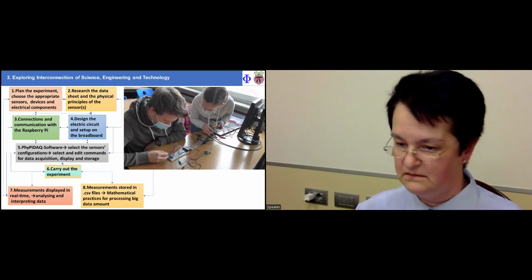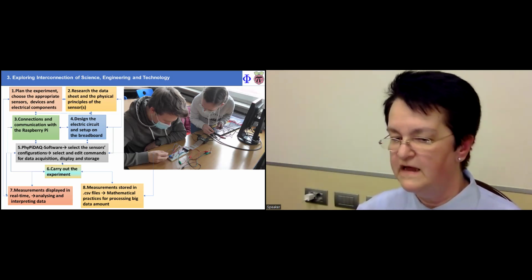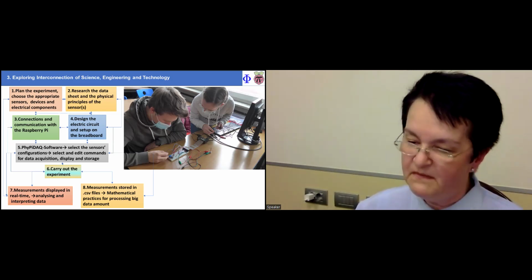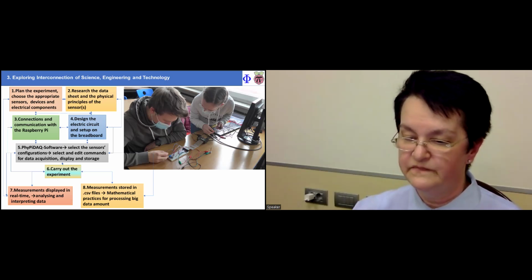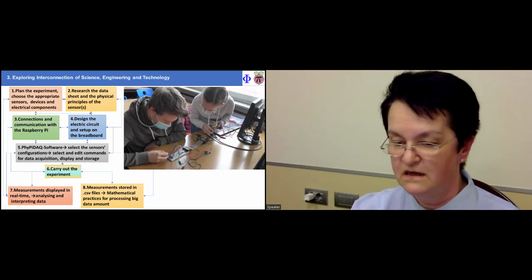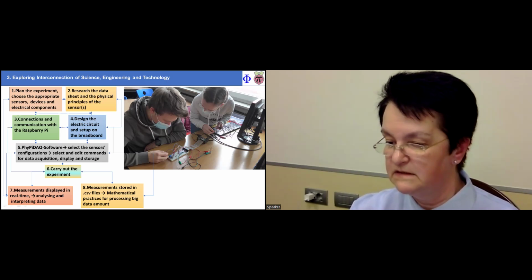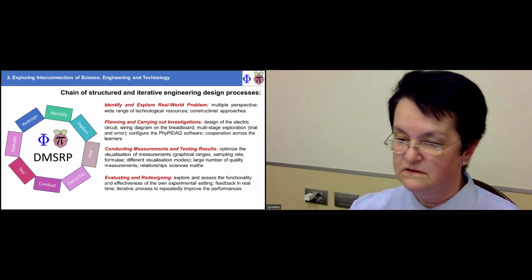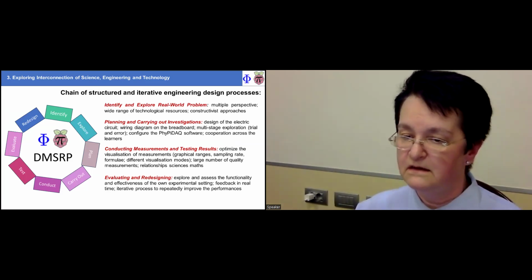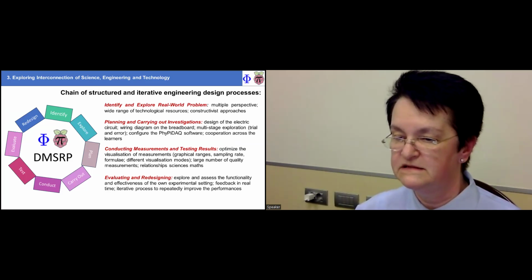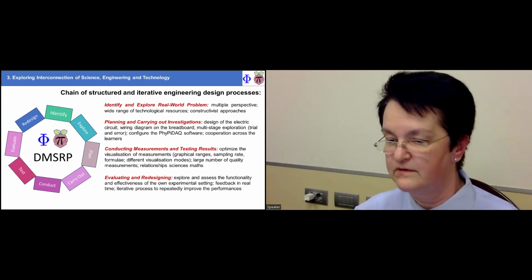They are always involved in trials and errors, and they optimize their circuit, and then at the end, they process their measurements with mathematical tools. So here are some steps in a chain of a structured and iterative engineering design process.